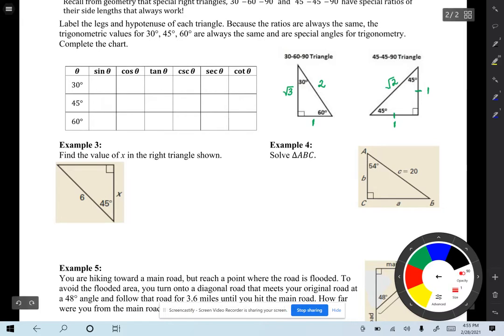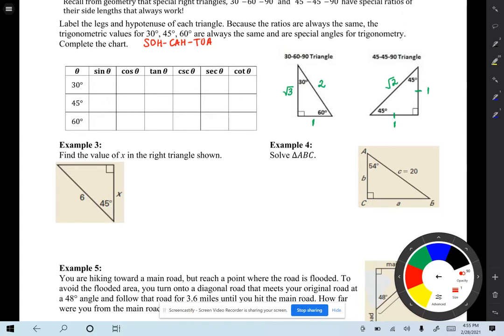So again, going back to our SOH CAH TOA. Remember sine, and we'll do sine of 30 first, then cosine of 30, tangent of 30, and so on.